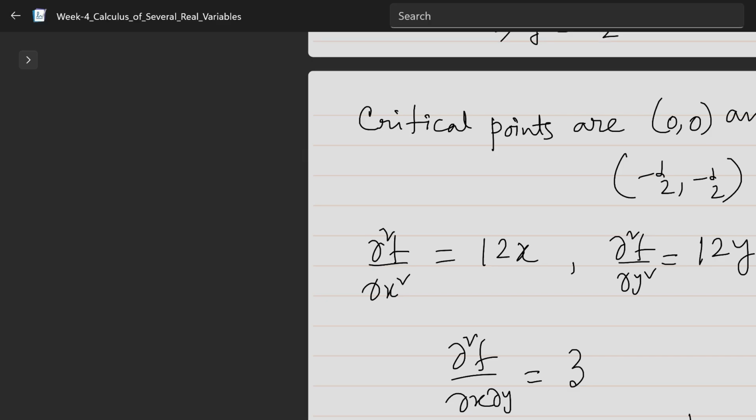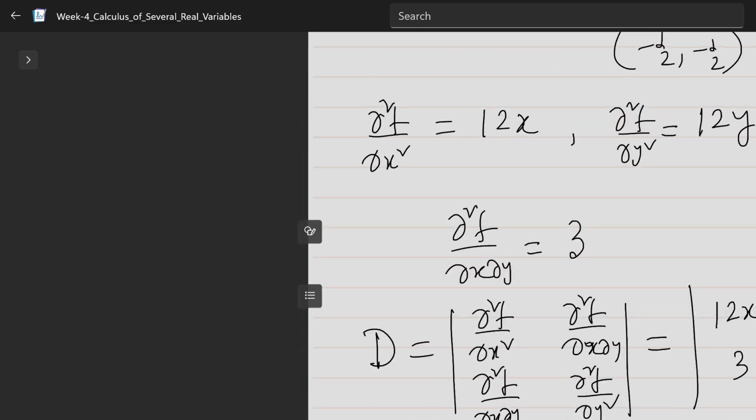So it is 12x, 12y. So it depends on x and y: 144xy minus 9. So at 0, 0, D is minus 9, so it is negative. That means 0, 0 is a saddle point.